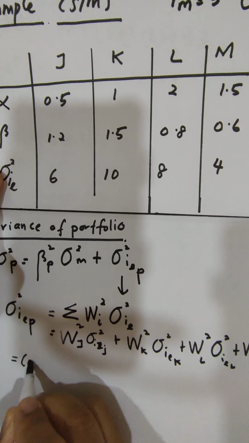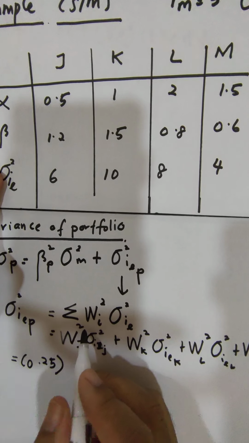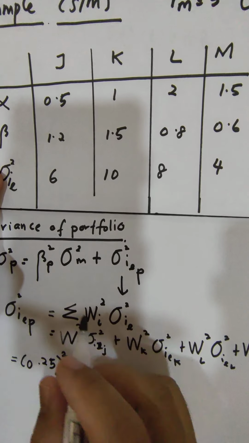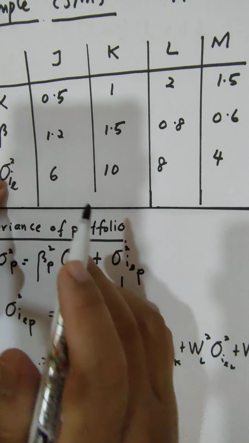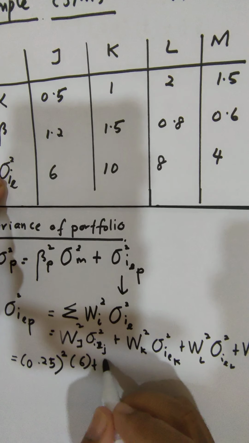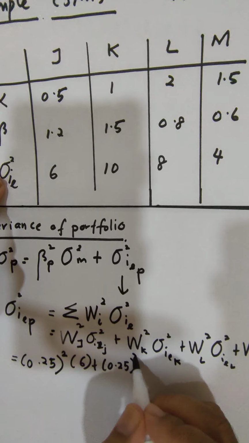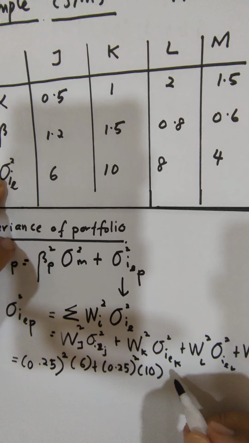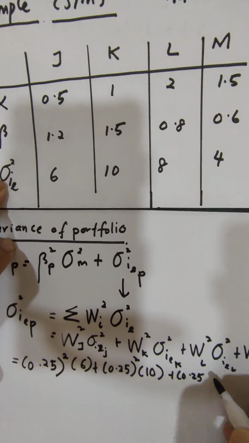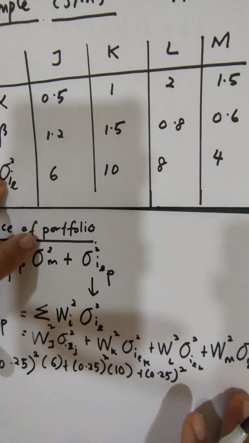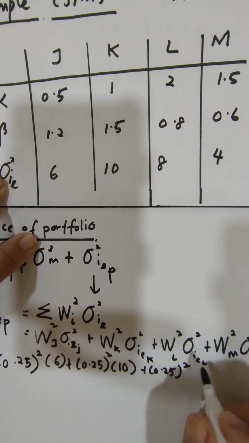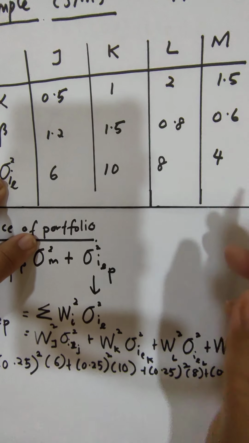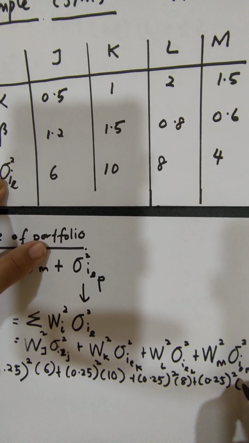So the weightage for G is 0.25, and this is power of 2, then multiplied with the residual variance of G, which is given to you as 6, plus 0.25 power of 2 for K, and the residual variance is 10, plus 0.25 for L, power of 2, and the residual variance for L is 8, plus 0.25 power of 2, residual variance for M would be 4.